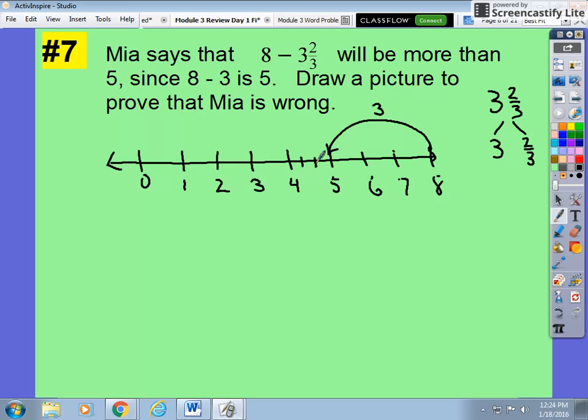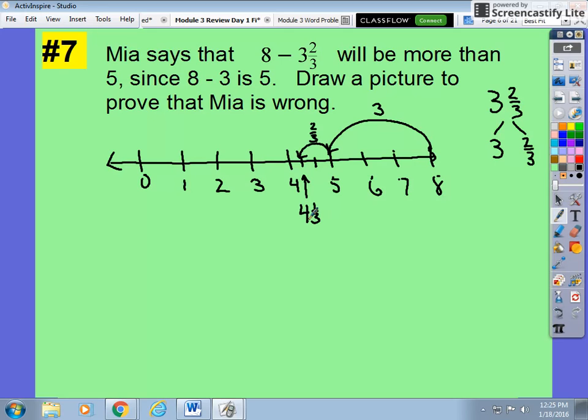And I need to jump 2/3. So I can jump 1/3, 2/3. And there is a jump the size of 2/3. And I can see that I landed at 4 and 1/3.